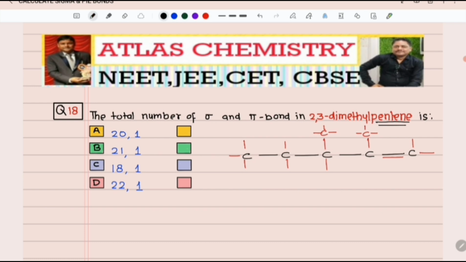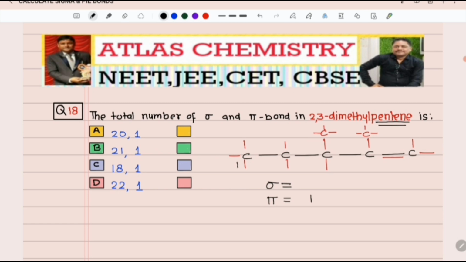So now we find the number of sigma bonds and number of pi bonds. There is only one pi bond, and in all options you can see there is only one pi bond. So we have to calculate the sigma bonds, how many sigma bonds are there.